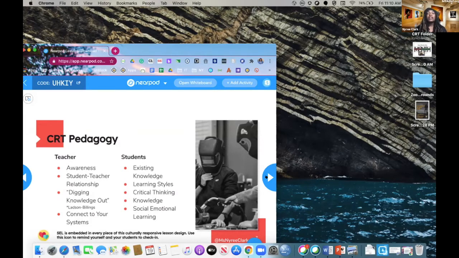You want to dig deep to understand their belief systems, to understand what makes them tick, what drives them, what gives them reason, what are they passionate about? How can you tap into that and connect it to your language arts, connect it to the math that you're teaching, connect it to science, and allow our students to bring all of themselves into that space.